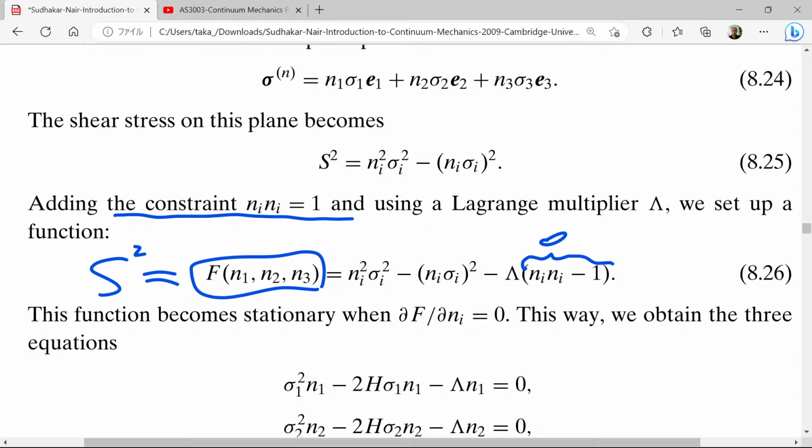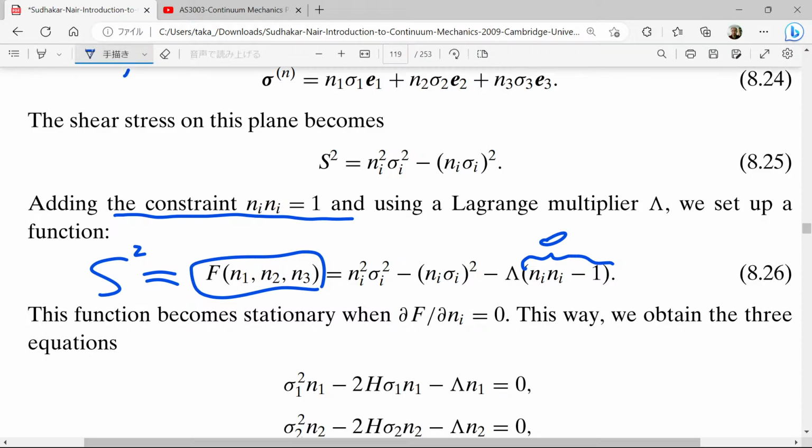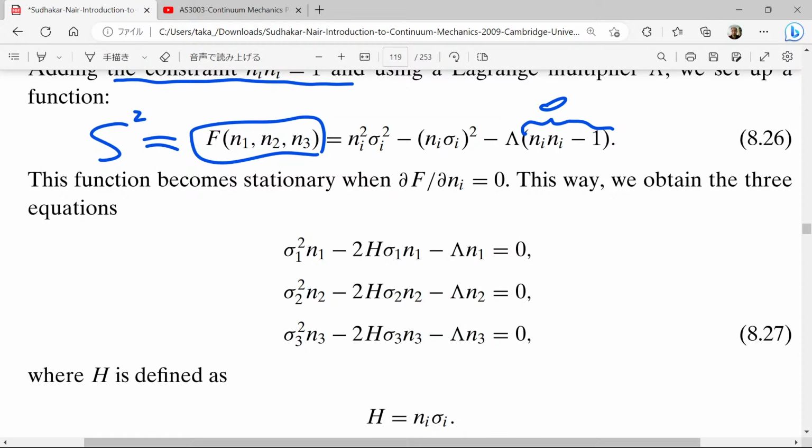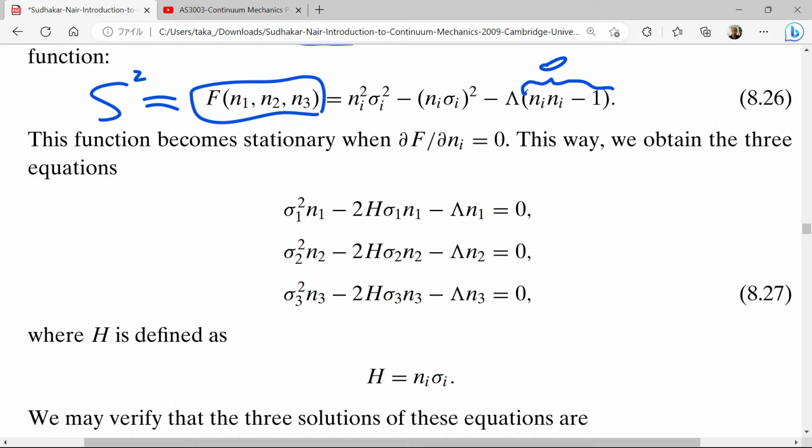This way, we obtain the three equations. Maybe I skip the detailed calculation, but we just take partial derivative with respect to n1, n2, and n3.